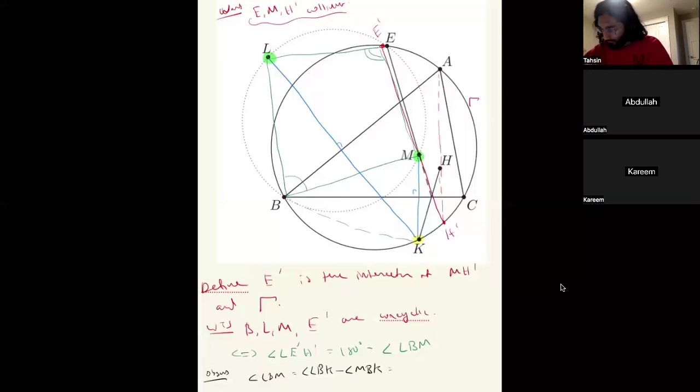Then because of this reflection property, LBK is twice ABK, minus twice CBK. So this is twice ABC. Does that make sense? This calculation.